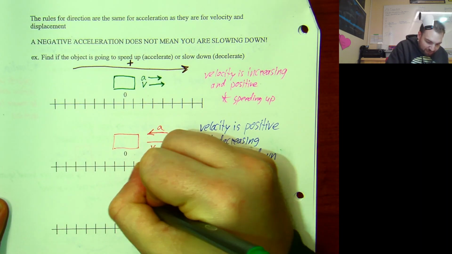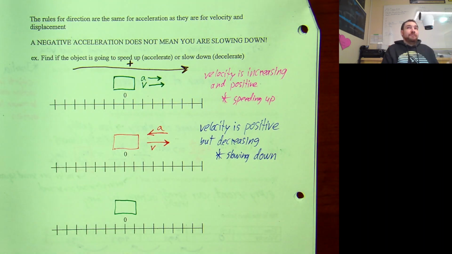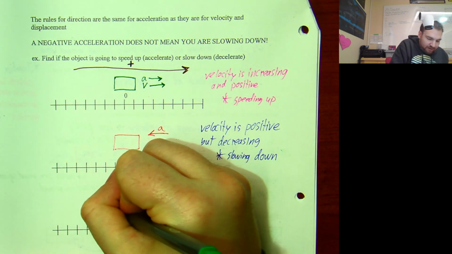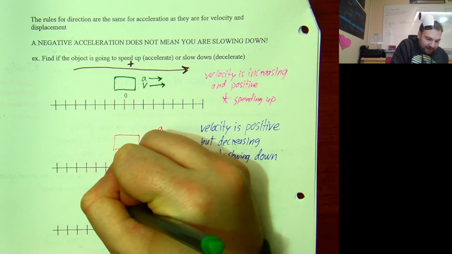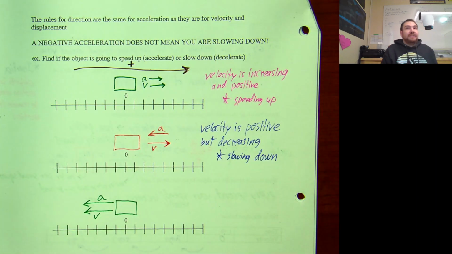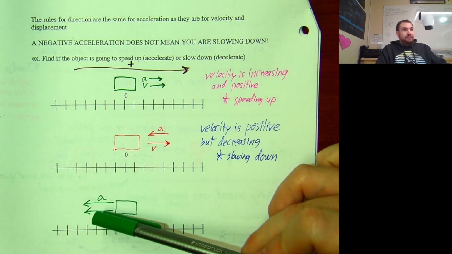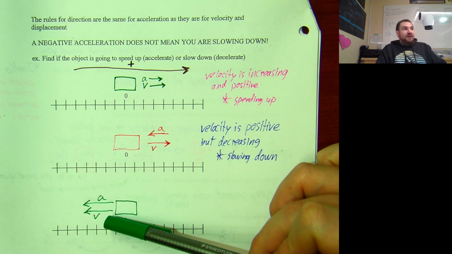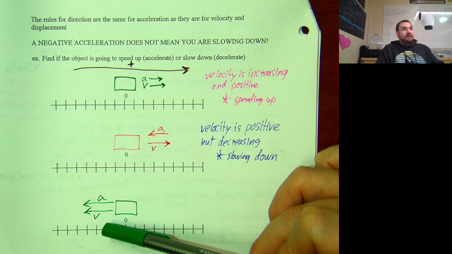What happens if I have this block? I tell you that I have a block with a velocity that way and an acceleration that way. In this case, both my velocity and acceleration are what? Which means they are negative. But because they're in the same direction, my velocity is getting faster.